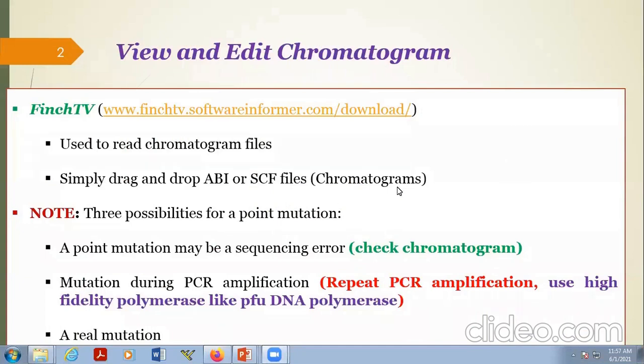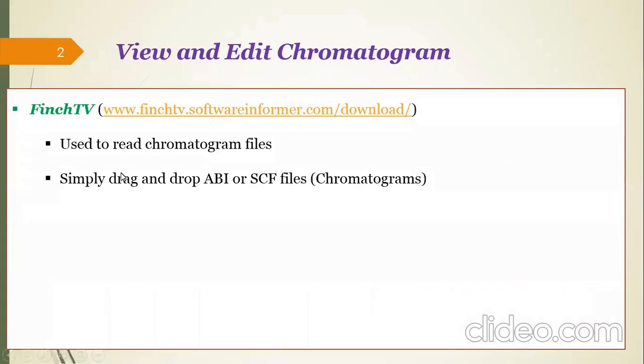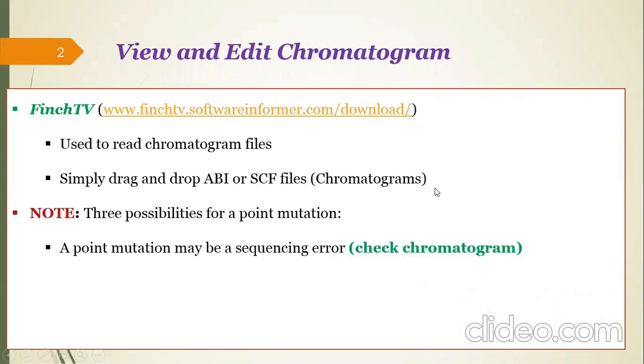And now the peak file, Finch TV, you download that, and now this is used to read chromatogram files. Simply drag and drop ABI files or SCF files, the chromatograms actually, and three possibilities for the point mutations.